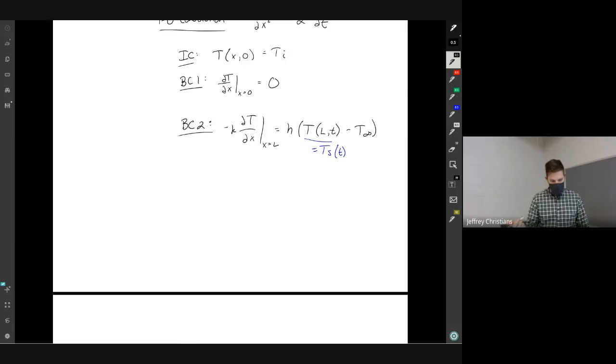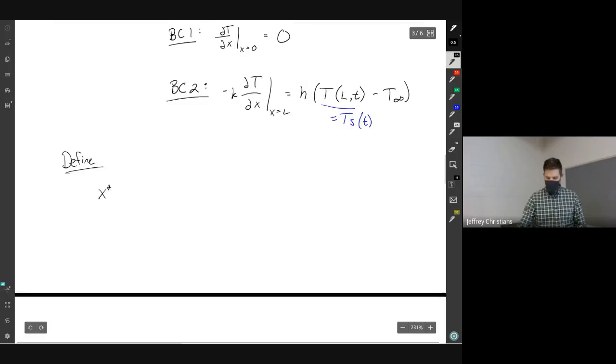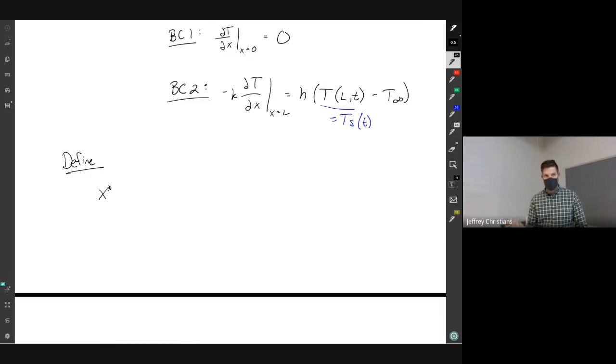Okay, so you go into this a little bit in detail in the homework, but we define some new variables, which we put a little star by them. Those star variables are non-dimensional variables.